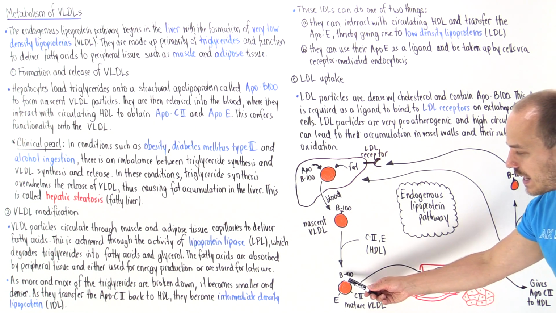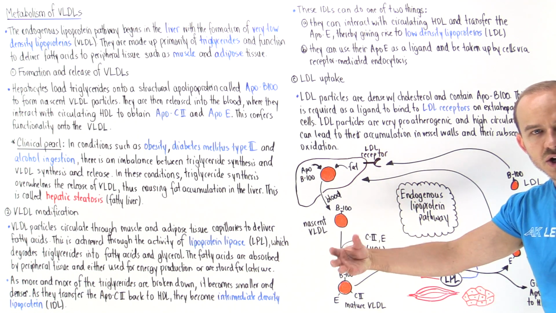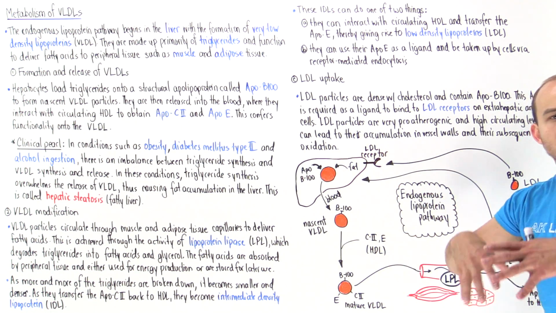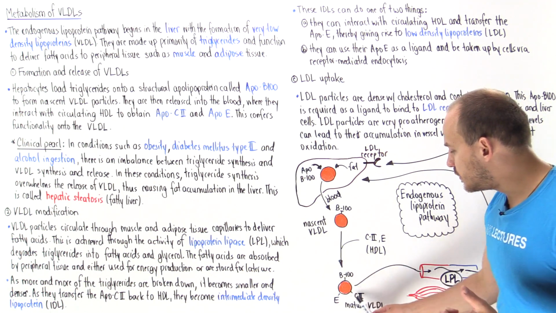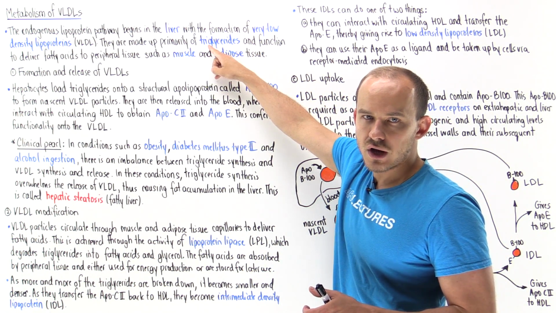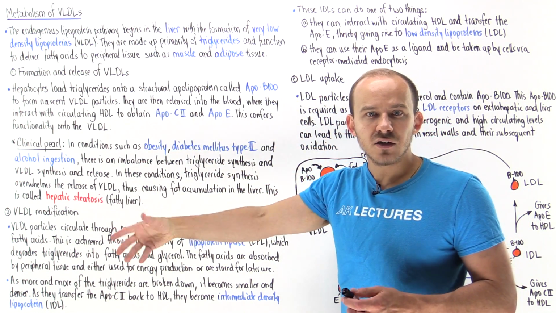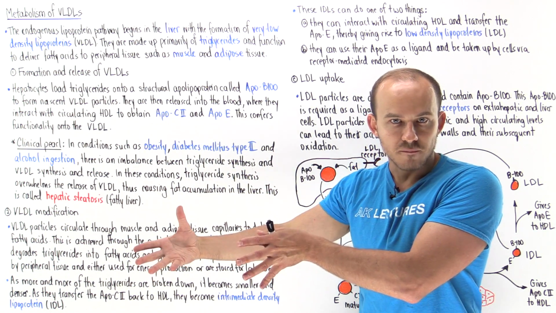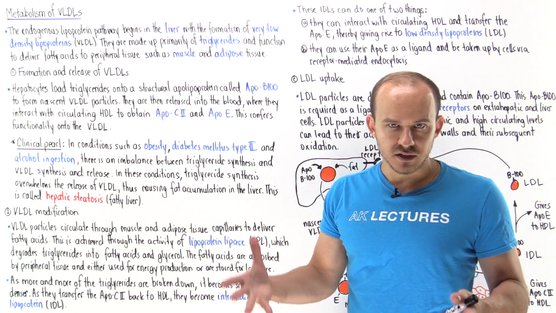Now, as we break down more of the triglycerides, this molecule becomes smaller and more dense, so it contains a relatively higher proportion of cholesterol compared to triglycerides. So remember, initially, the mature VLDL molecule is made up predominantly of triglycerides. But eventually, as many of the triglycerides are broken down, we're left with simply cholesterol. And so now we have a lot of cholesterol and very little triglycerides.